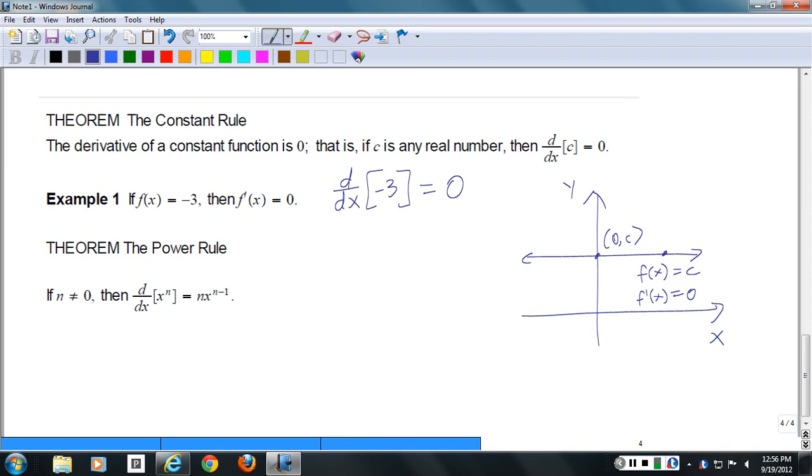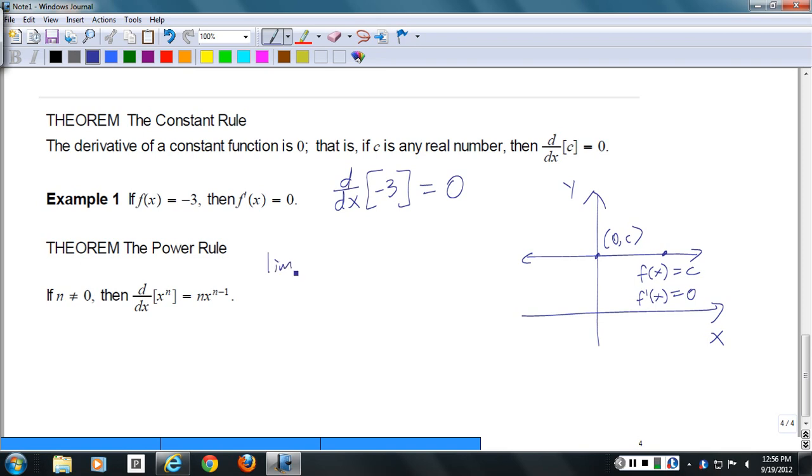Now the power rule is considerably less intuitive. Its proof would take longer than we'd want to spend, and would involve the use of the binomial theorem, because we'd have to do something like this. Maybe I could set it up, but not follow through with it.